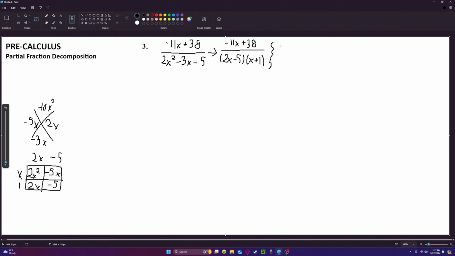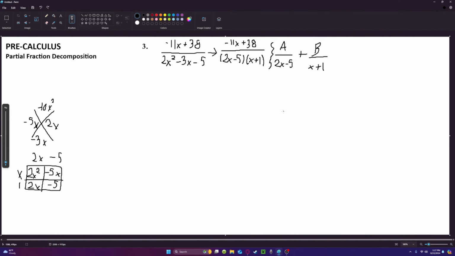So then, of course, we have a over 2x minus 5 plus b over x plus 1. Now, it's important to mention that these values can be used interchangeably with a and b.